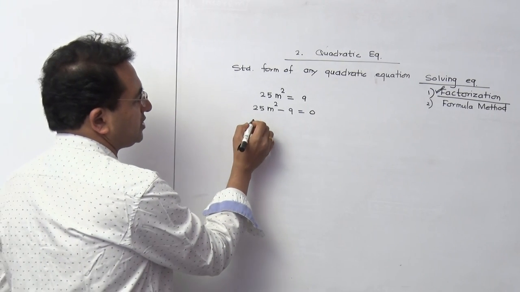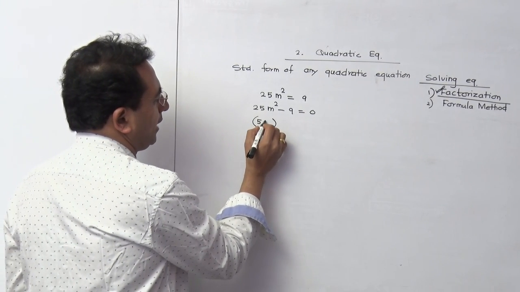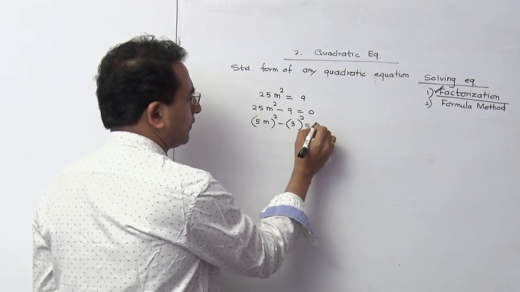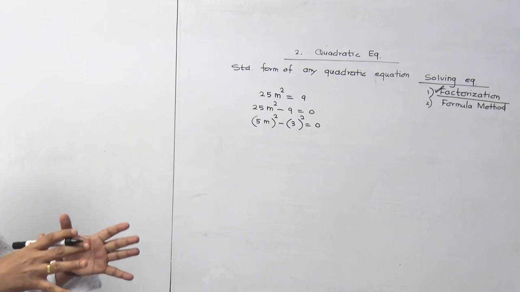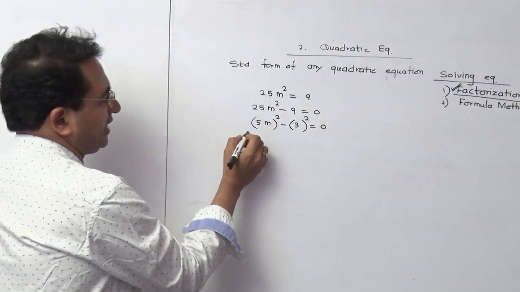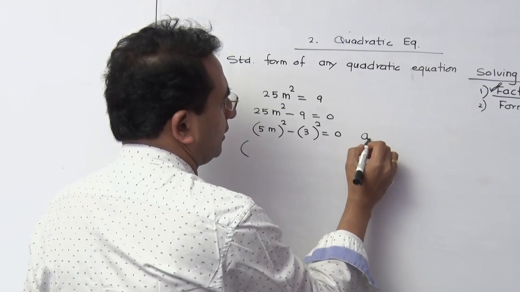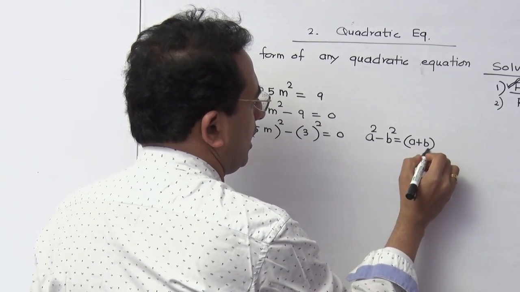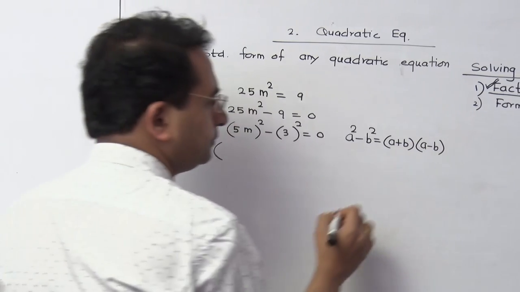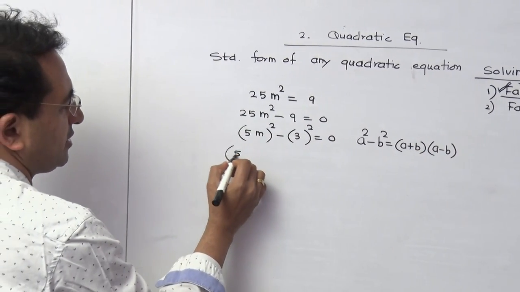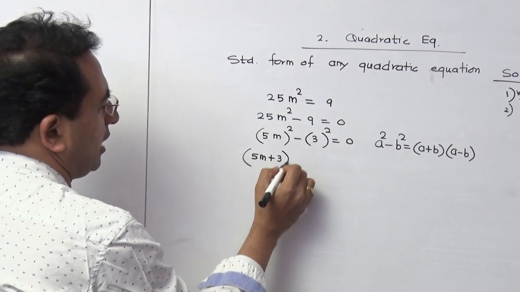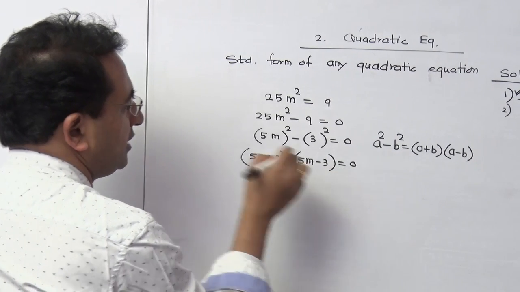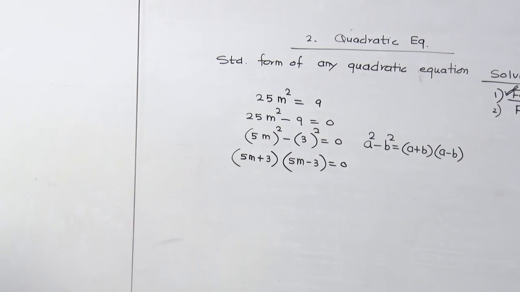So what we have to do is write 5m bracket square minus 3 square. Correct? We know the formula, a square minus b square is nothing but a plus b and a minus b. So here it is 5m plus 3 and 5m minus 3 is equal to 0. This is the right method of solving it.